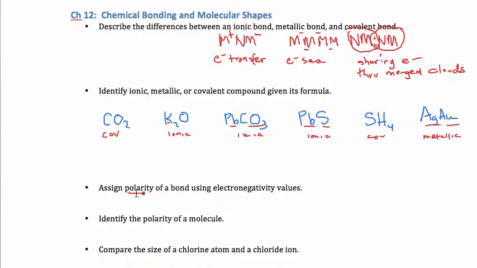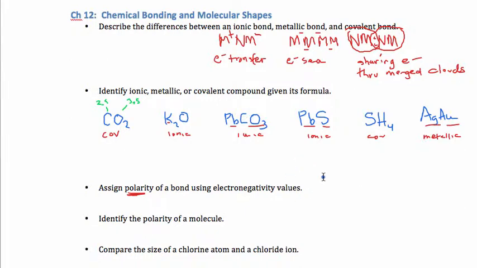Let's go through and assign polarity of a bond using the electronegativity values. Now, you do not have an electronegativity table on your resources guide, and so you would be given electronegativity values to calculate any type of polarity value. So you would be given carbon's value of 2.5 and oxygen's value of 3.5, and you would see that they differ by 1.0.